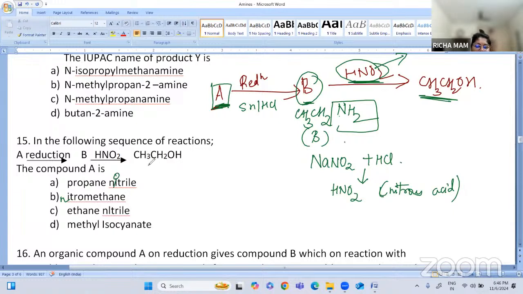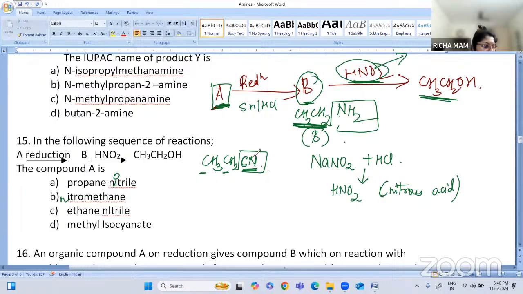If I take propane nitrile, propane nitrile means CH3, CH2, and CN. When you have a nitrile group, again one carbon will be generated, but already we have two carbon atoms.